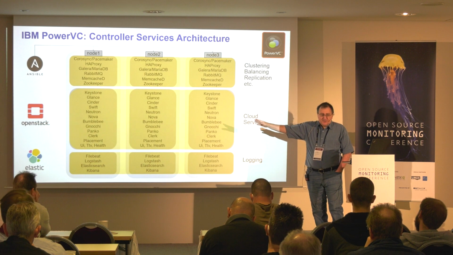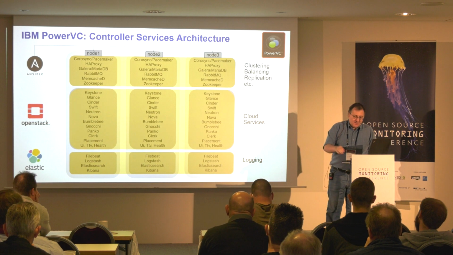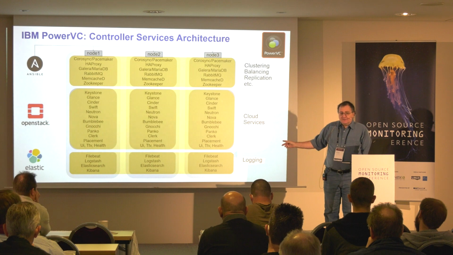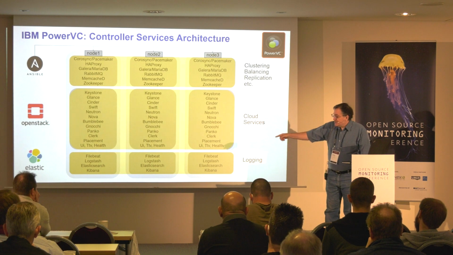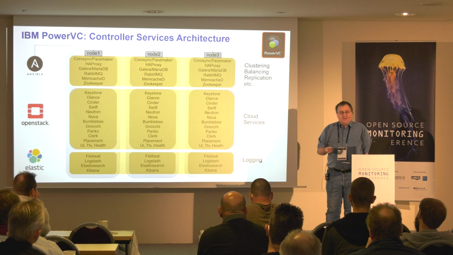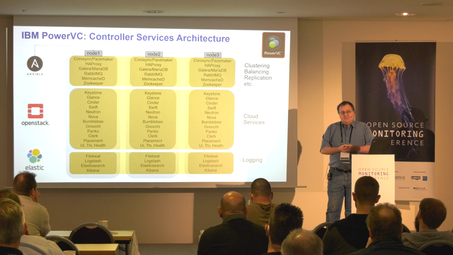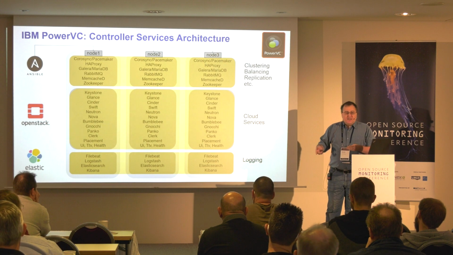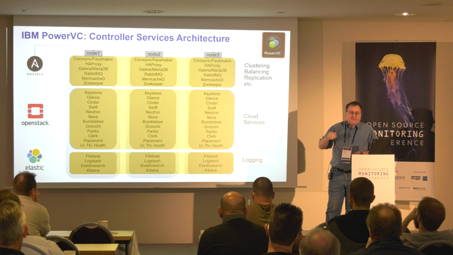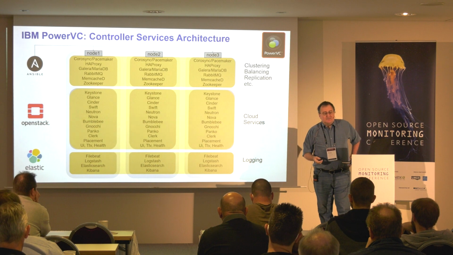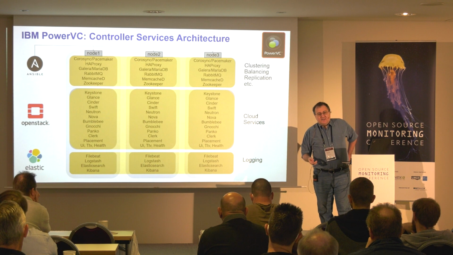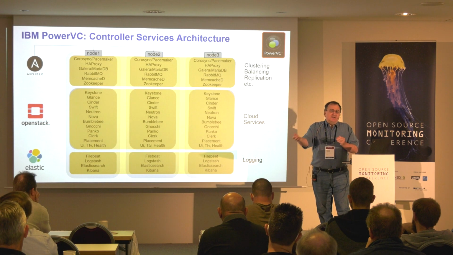We're collecting logs just for the controller nodes, and Elastic is running on all the controller nodes as well. And Elastic has its own way to implement HA, so it's not using Corosync and Pacemaker. It has its own implementation of high availability, right? They have an election as well.